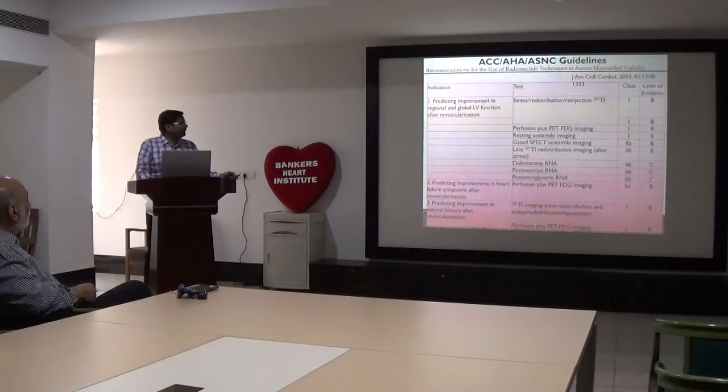So, for predicting improvement in regional and global function after revascularization, there is a class 1 indication to go with the stress distribution in the thallium scan, PET and FDG, and sestamibi. Late thallium scan. Now, in this one, there was an older image. MRI was not indicated or it was not a class 1 indication.